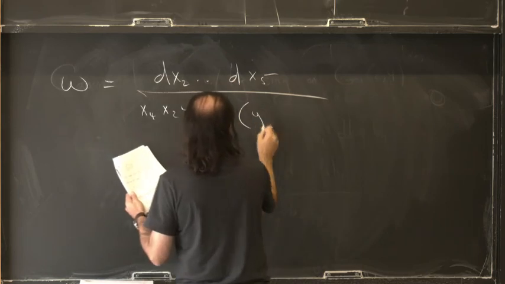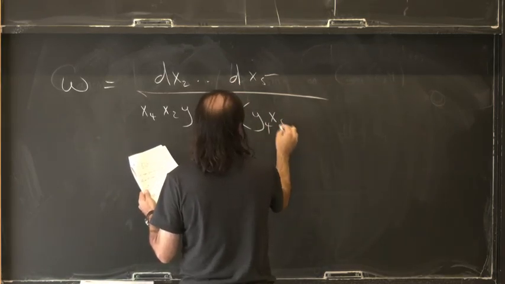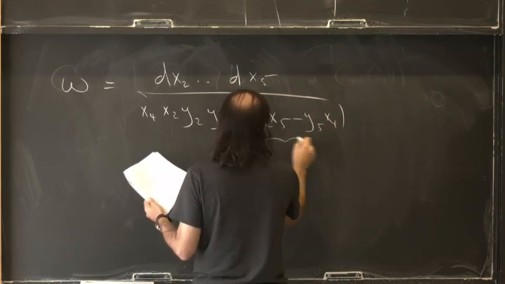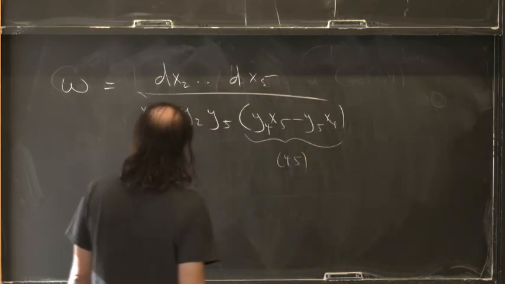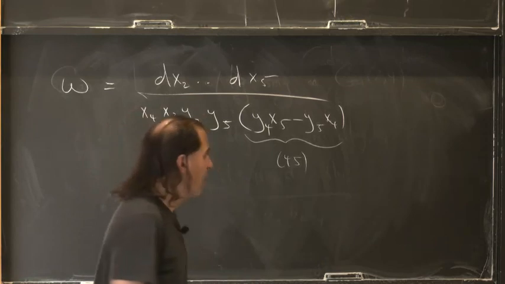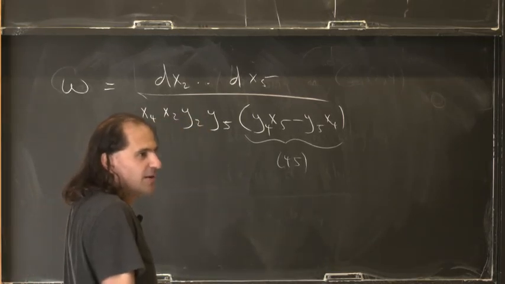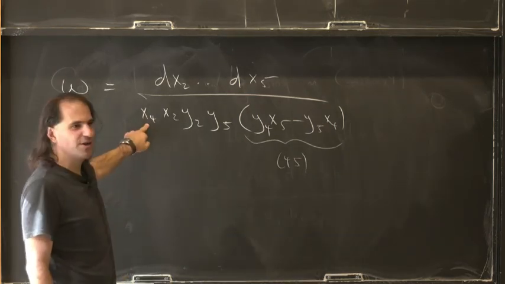And then we have this last factor from the last minor, y4, x5 minus y5, x4. This came from, in these coordinates, the 4, 5 minor. OK? And so what's going on? We only have 5 poles. Weren't I screwed? Right? The reason is, let's say I take a residue on like x4 goes to 0, right?